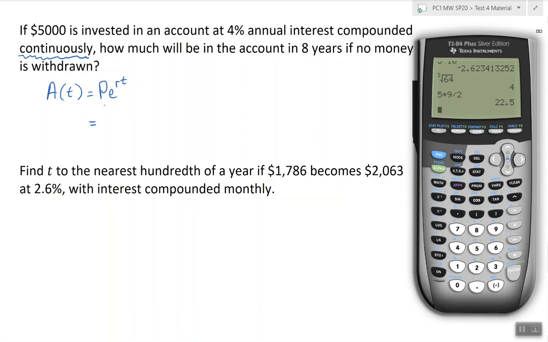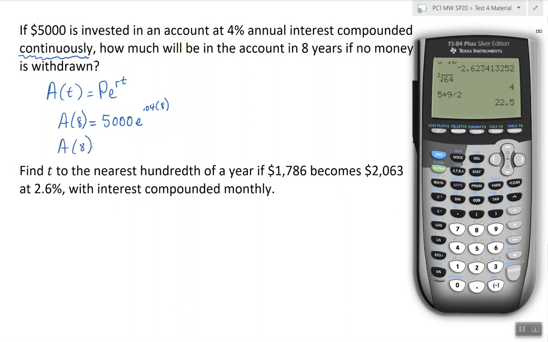We have $5,000 that's invested. The rate is 0.04 as a decimal, and the time is 8 years. And we want to know the amount in 8 years if no money is withdrawn. So this is quite easy.